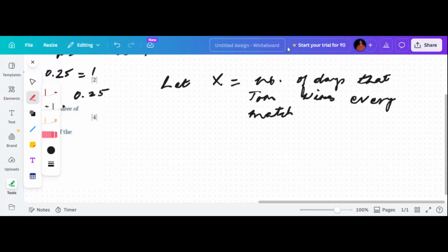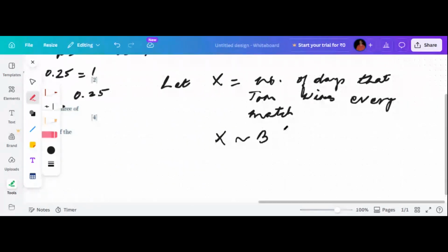Now x is binomially distributed. Each day is a trial. Day one is a trial. Day two is a trial. Day three, day four. There are four trials. Tom may win on day one or not win.